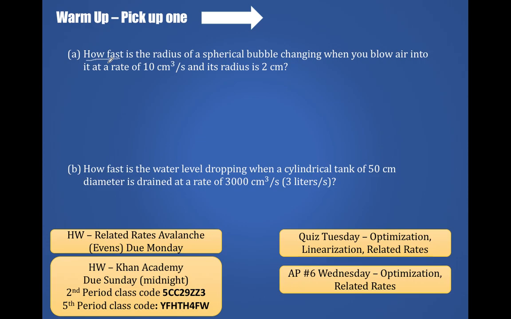So how fast is the radius of a spherical bubble changing when you blow air into it at a rate of, and its radius is. So how fast is what I'm trying to find.